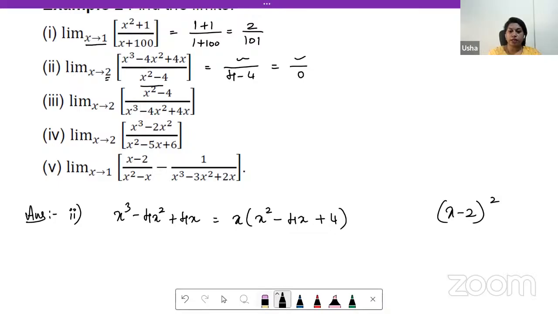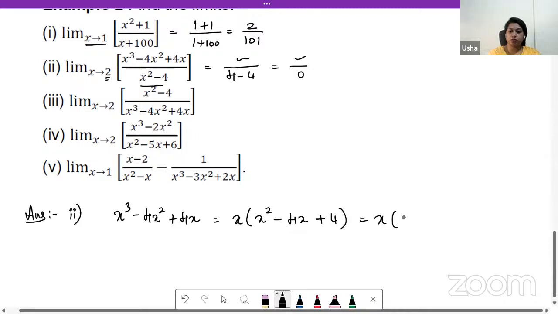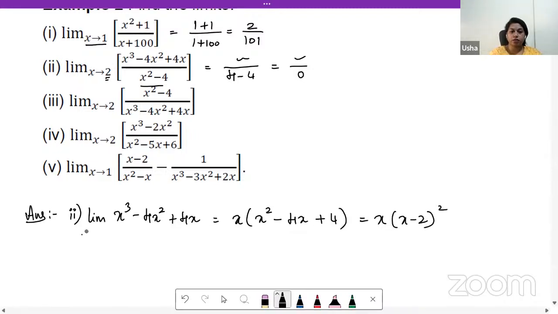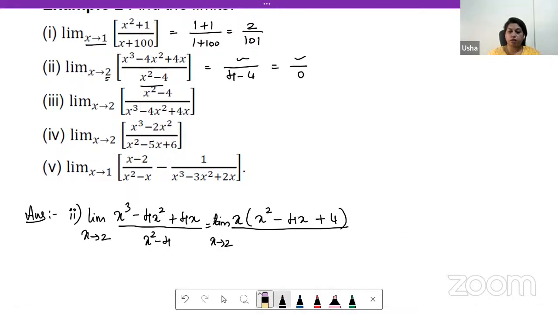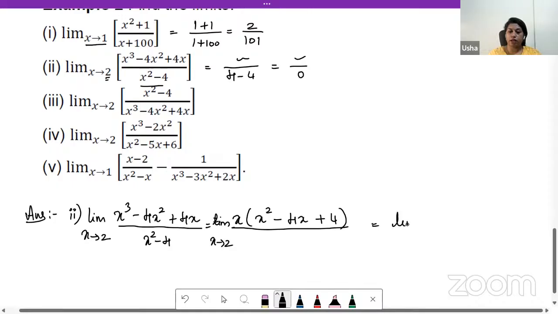So we will write this as x into x minus 2 whole square. This is your numerator, limit x tends to 2. The denominator we have is x square minus 4. As long as you're simplifying, you have to keep writing this limit in each and every step.